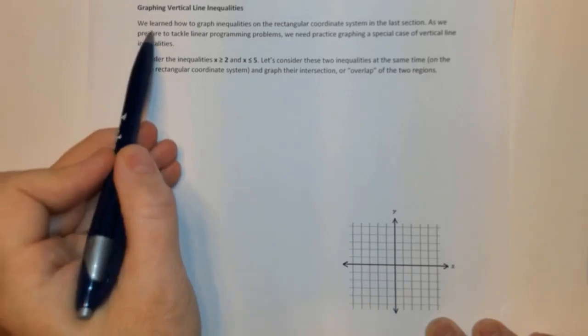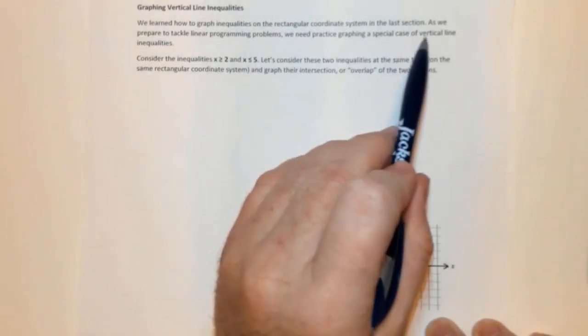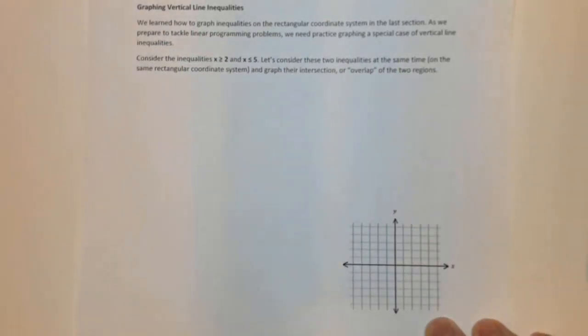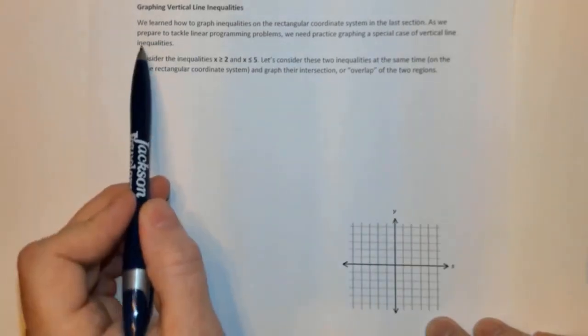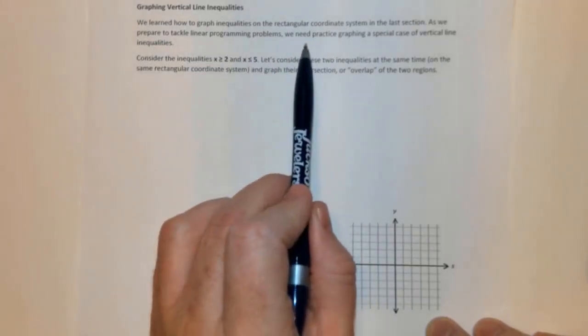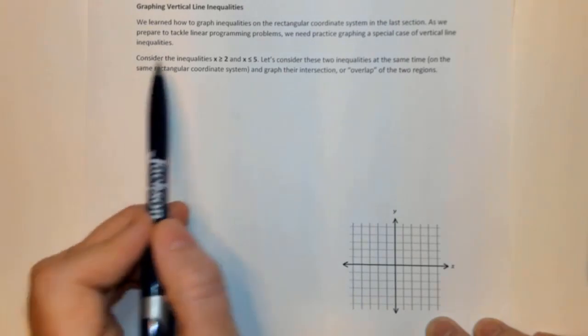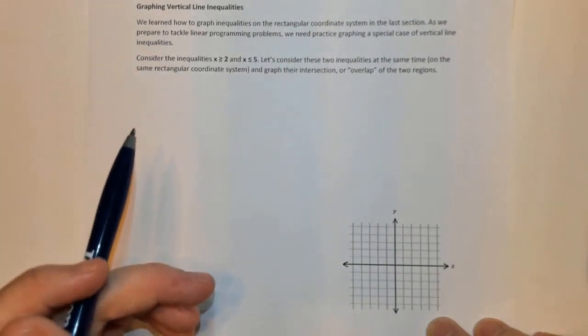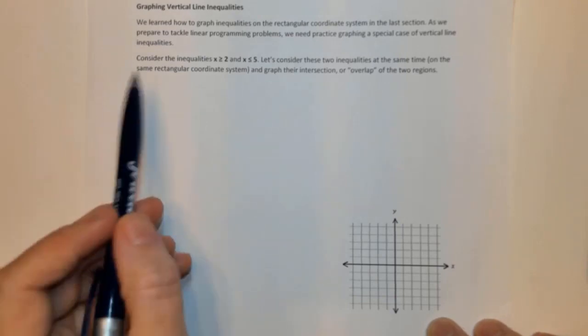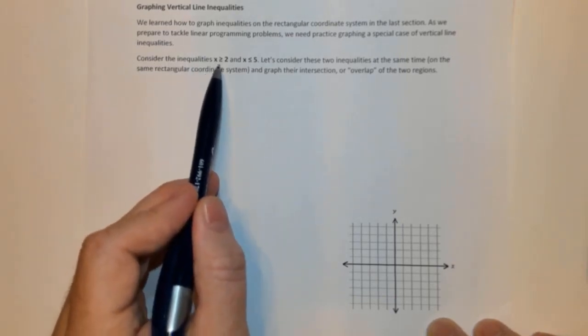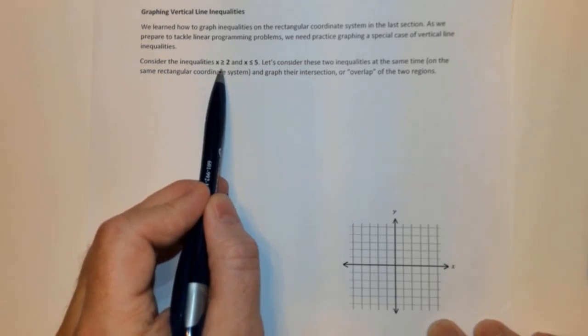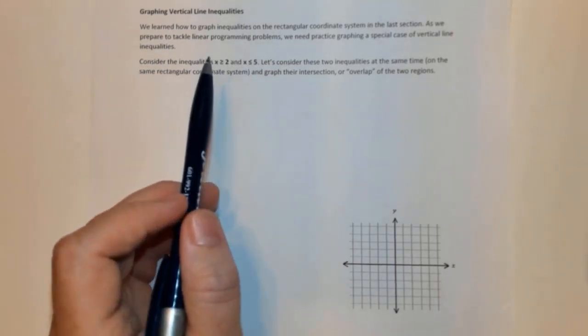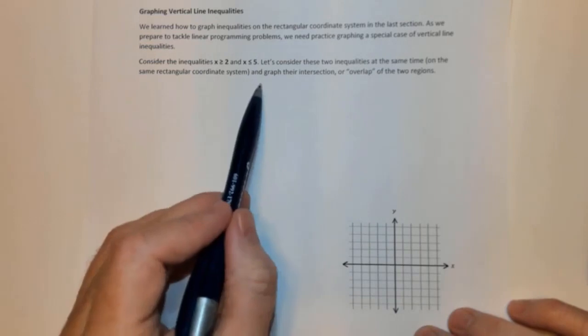We learned how to graph inequalities in the last section in the textbook. As we prepare to talk about linear programming problems, we want to talk about this special case of vertical line inequalities. And I do it this way to make our life easier with linear programming problems. So let's consider x is greater than or equal to 2 and x is less than or equal to 5, at the same time.